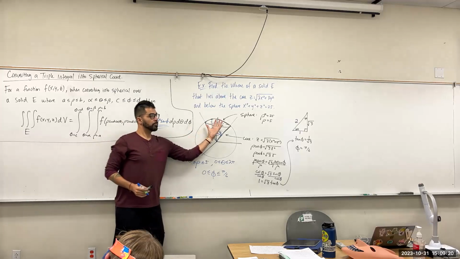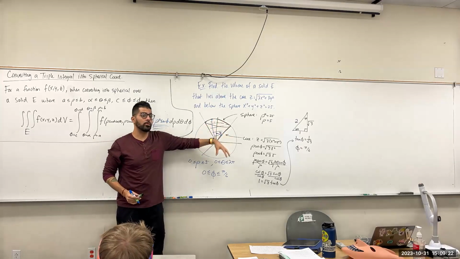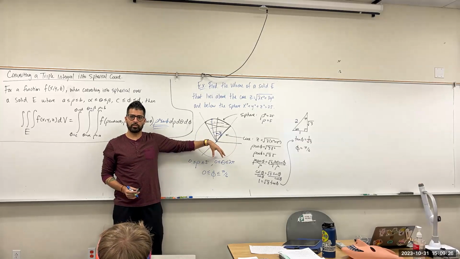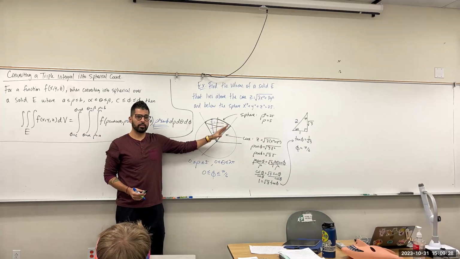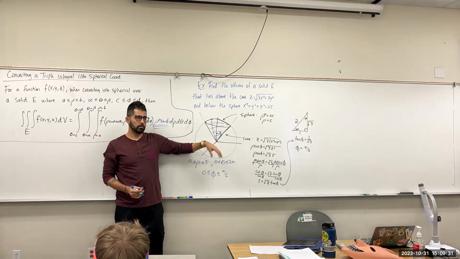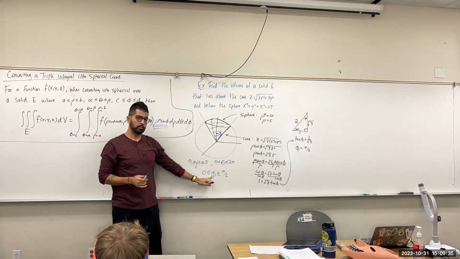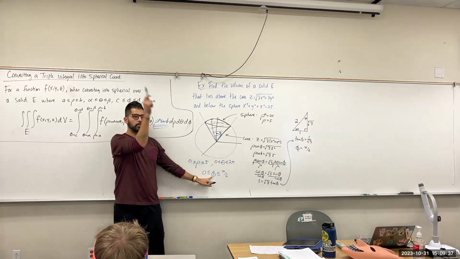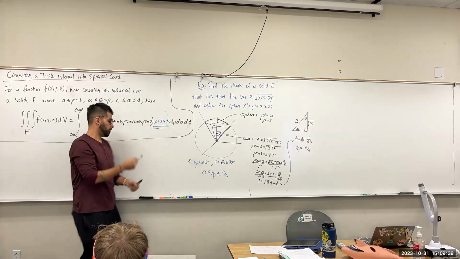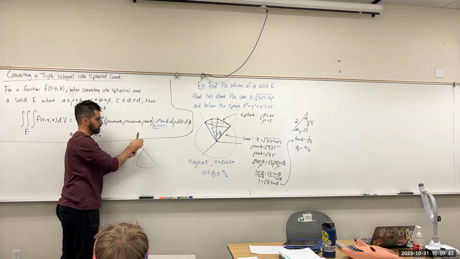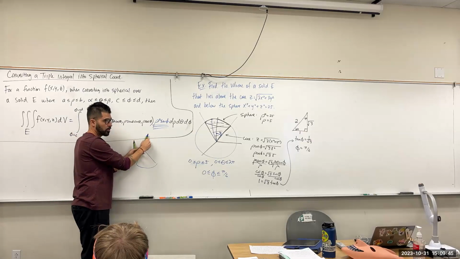What if this cone was downward? What would be the bounds for phi? It was a downward cone with the same slant like this one. What would be the smallest value for phi? The laser, that little imaginary laser, isn't touching my solid until it gets here.